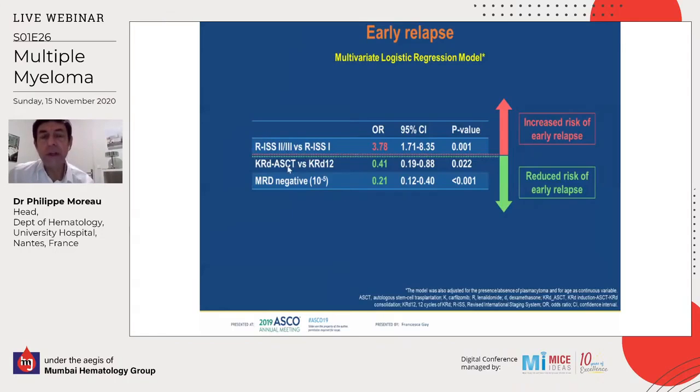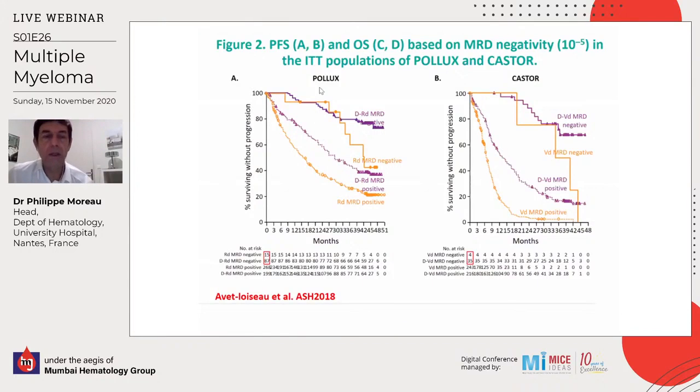This is also true, in fact, in the relapse setting. And you know that in CASTOR and POLLUX, we also looked at sustained MRD negativity. I showed you this picture previously, PFS and overall survival based on MRD negativity with DRD or Lendex, or with DVD or VD.